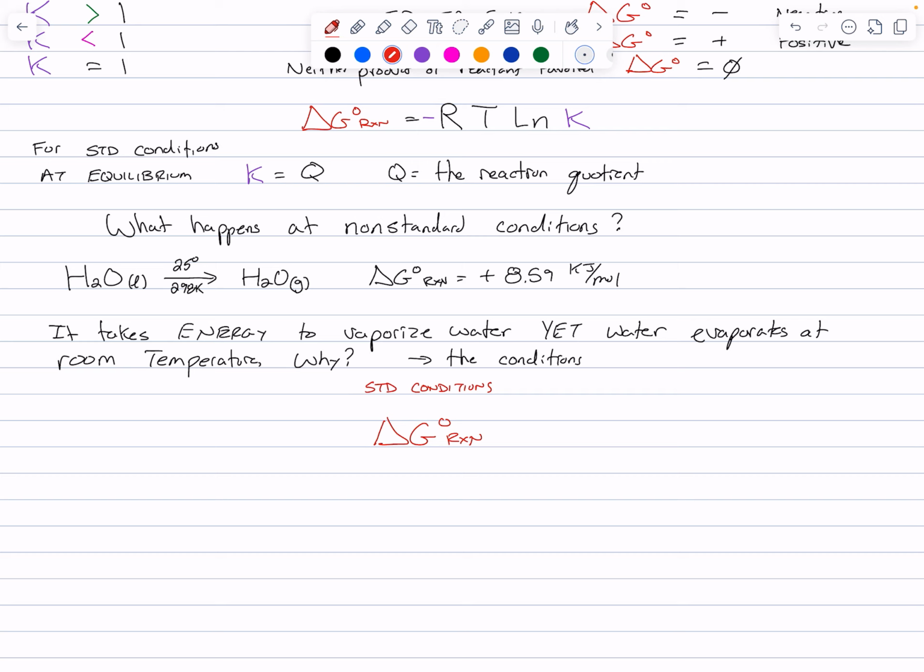However, there are non-standard conditions. And so you get delta G, and then we'd have RT. Instead of the natural log of K, we have the natural log of Q, the reaction quotient, which are the conditions.